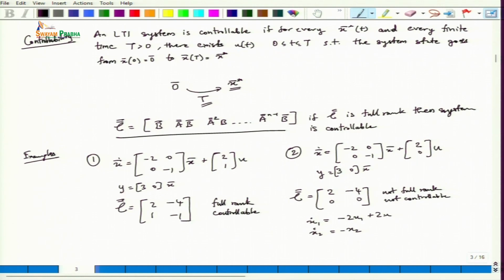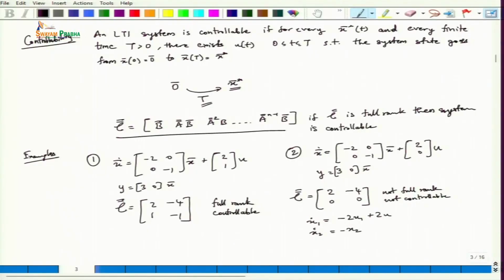With change in u, x1 changes, but x2 is totally independent of both x1 and u. So irrespective of whatever u we select, we cannot control this state x2, and that comes back to the definition that we cannot take it from 0 to any vector x star.